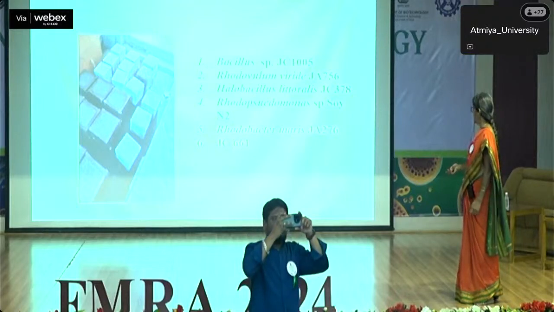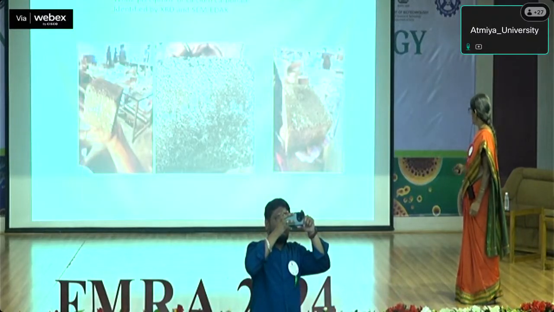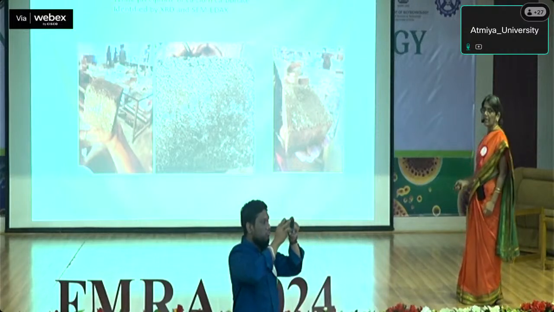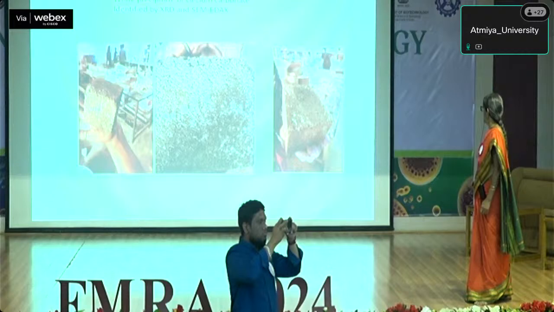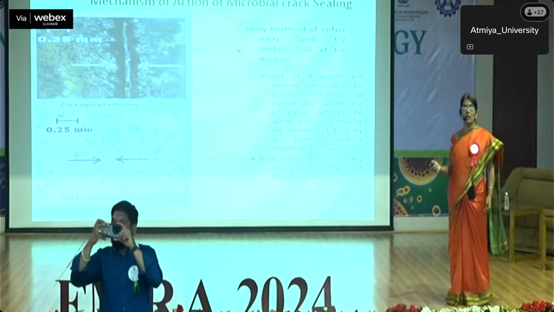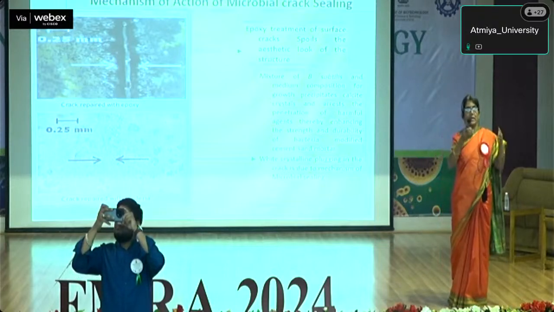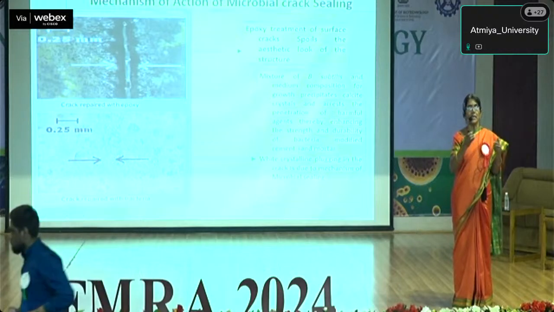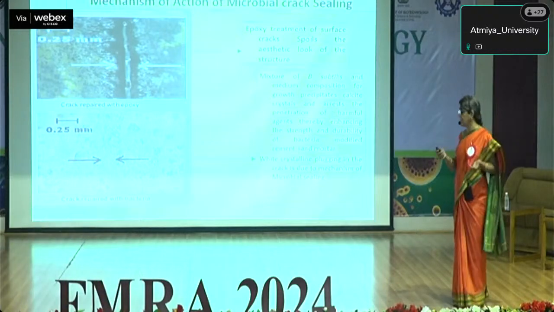So these are the mortar blocks that were made. You can see here, these white precipitates that you find are calcium carbonate. When you add it during the formation of concrete, it can be helpful. It will increase the strength.